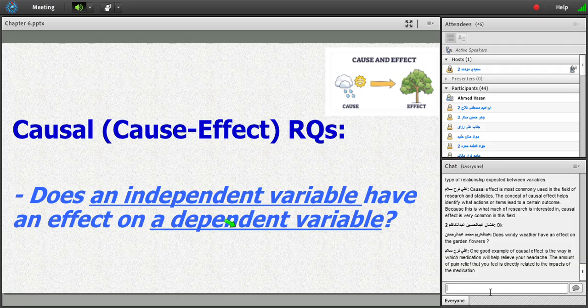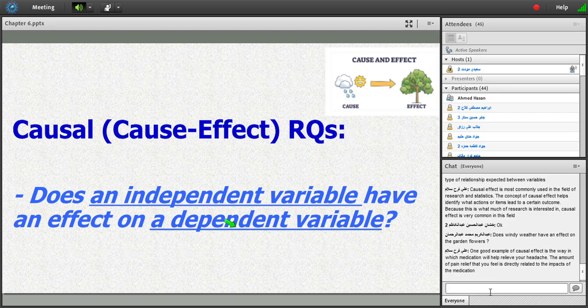So one example of causal is the way in which medication will help relieve your headache. Yes. For example, you may say, does this pill have an effect on a student's headache? But you know, when you become a teacher, you make research questions which are educational, okay? For example, I write another example in the chat box.